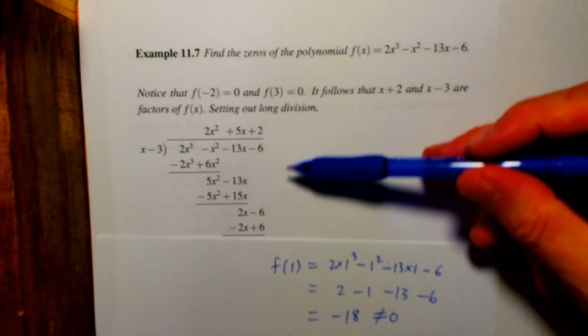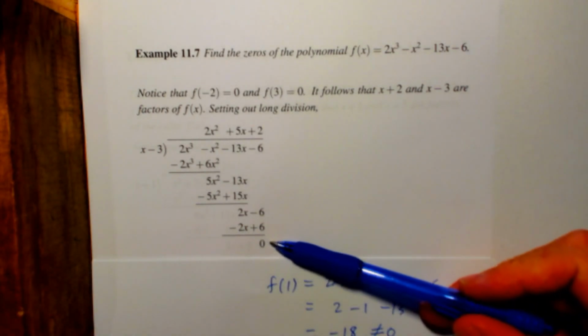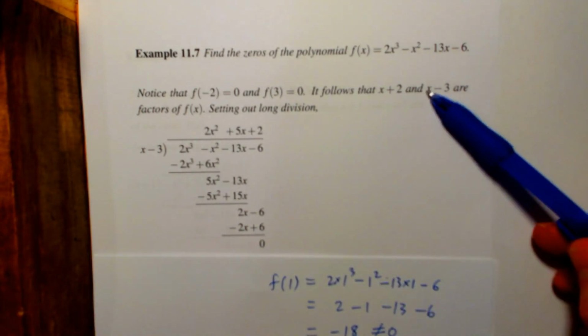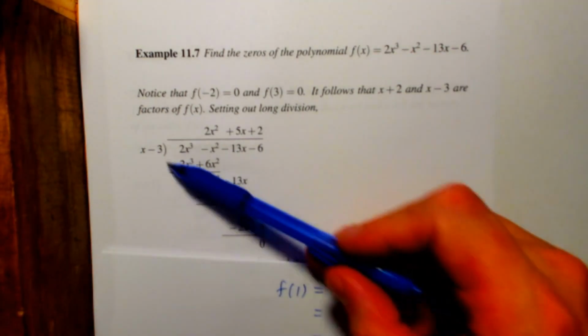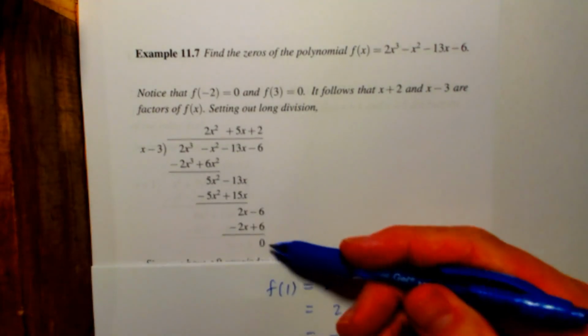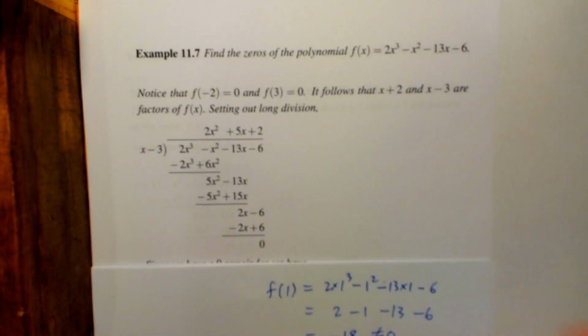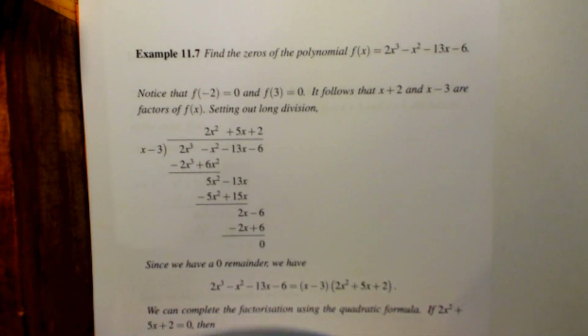Okay, so here's another example of such a division, and you get a 0 remainder as expected because this is a factor. So this divided by x minus 3 should be a polynomial, and we see it is because we have a 0 remainder.